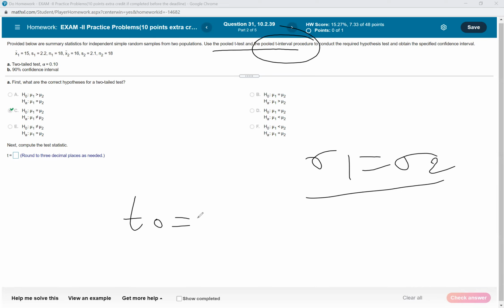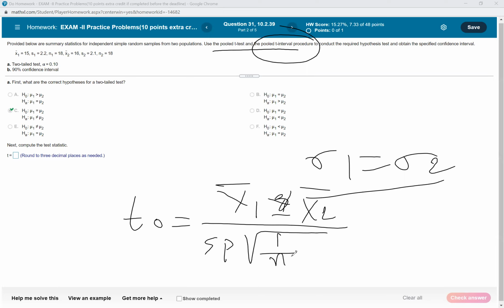So how do we perform the pooled t-test? T observed is equal to x1 bar minus x2 bar divided by sp times the square root of 1 over n1 plus 1 over n2. This is how we calculate the pooled t-test statistic.